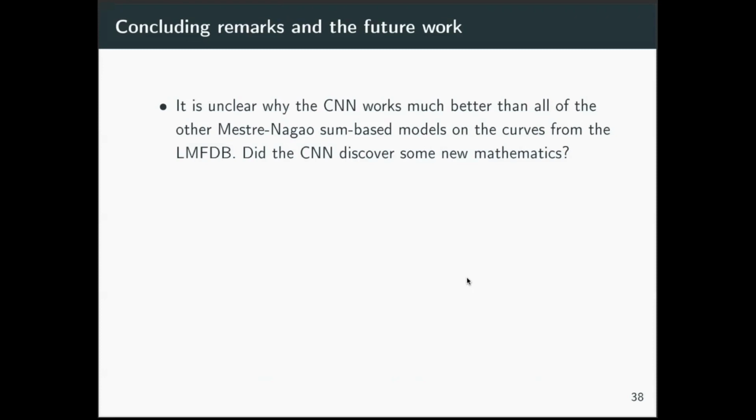So what seems to me is that in a certain range of B, when B is very big, both models will do well, and then the difference will be larger and larger, and then when B is again too small, the models will not work, so they will become equally bad. But in some range, the CNN works much better. So if you remember that situation when P was less than 10,000, CNN had 0.9 MCC, and the other Mestre-Nagao sum had 0.5. So that's an interesting question. What's going on here?